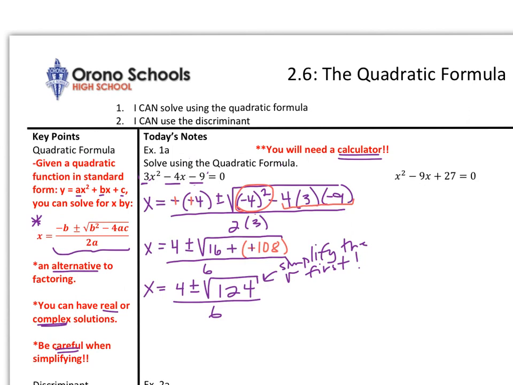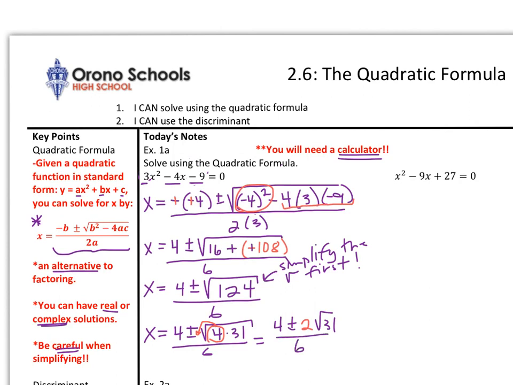So if we rewrite that as 4 times 31, we would get x equals 4 plus or minus the square root of 4 times 31 all over 6. And we can simplify the square root of 4 as 2. So that'll go out in front. That gives us 4 plus or minus 2, but then we still have that 31 on the inside, all over 6.